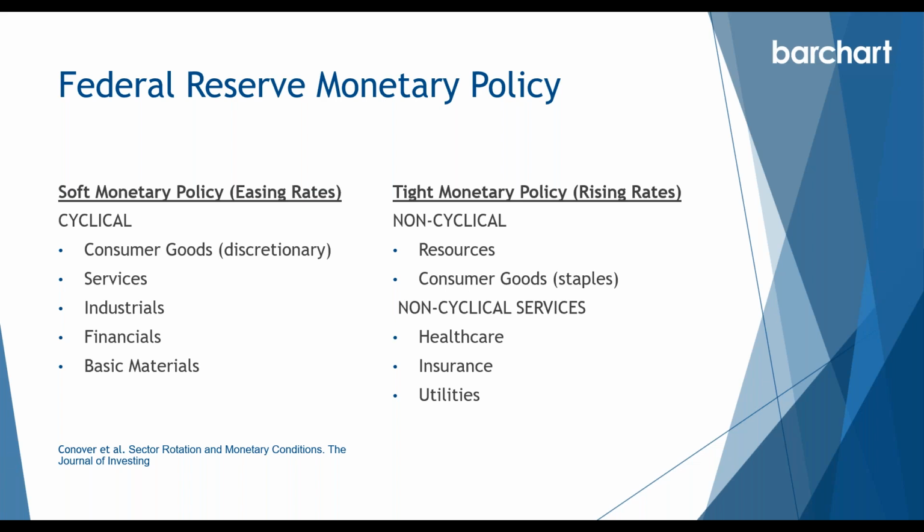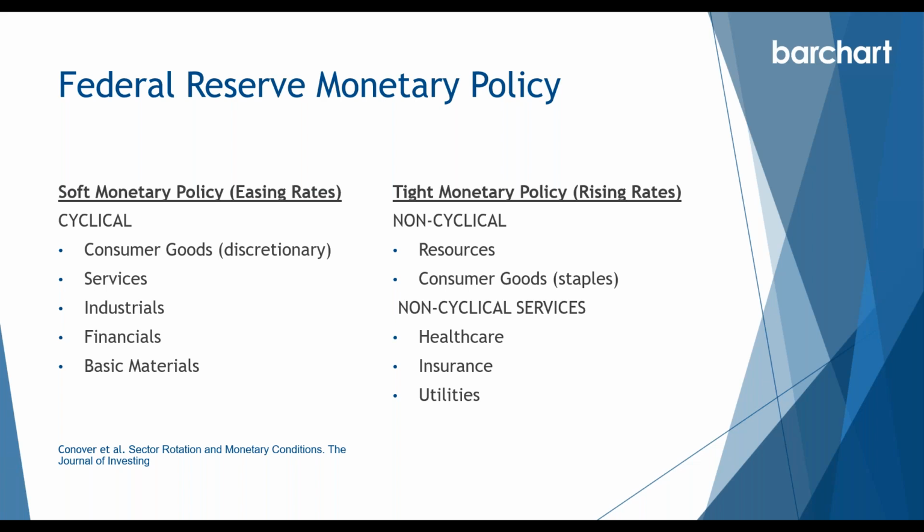So where are we in the Fed cycle? Well, we know where we are in the Fed cycle. The Fed has been raising rates aggressively this year. So we're in a tight monetary policy, rising rates. So according to Conover and his group, what are the sectors that we want to start concentrating on? Well, we want to start concentrating on these non-cyclical sectors.